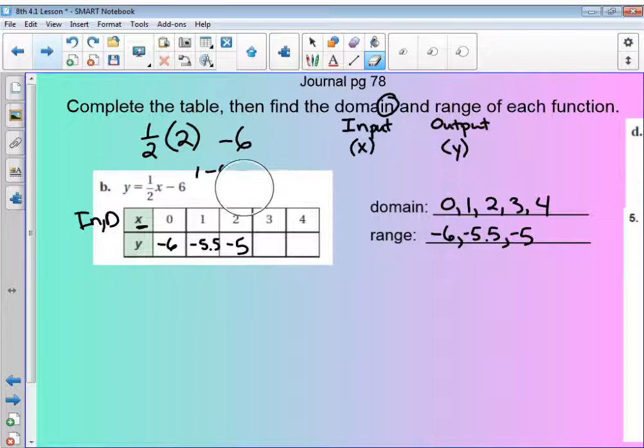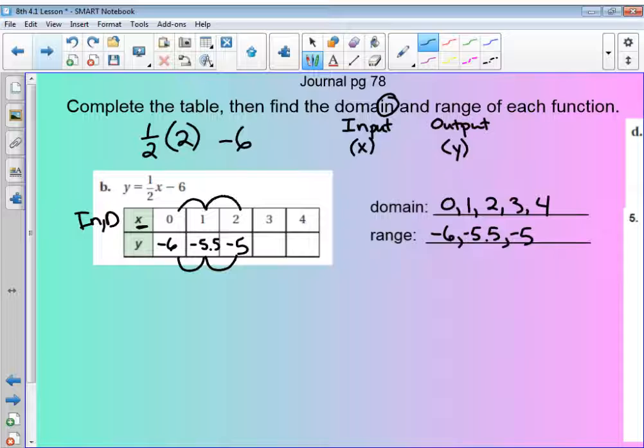Okay, now you can probably see the pattern that's happening. If you look and notice, remember when you did your fair game review, there's always a pattern in a function table. So like here, we kept increasing by 1. Here, it looks like we're increasing by a half. And I know some of you might say, that's not increasing, it's decreasing. Remember, you're working negative numbers, so it really is increasing. So we're going up by a half.